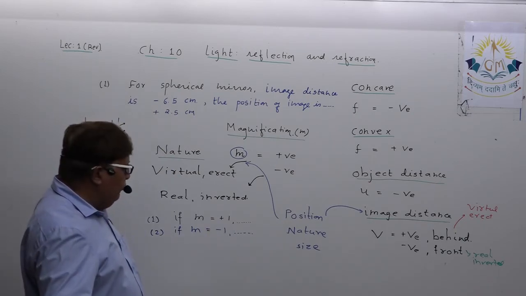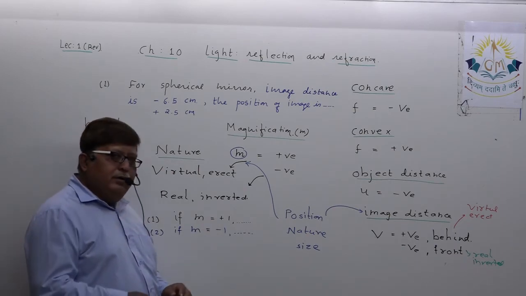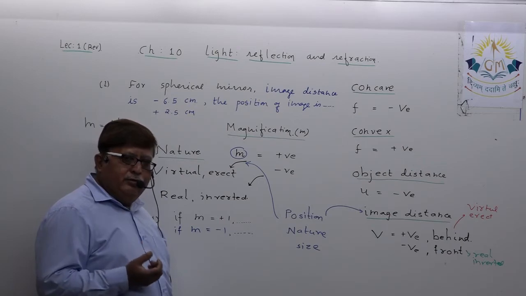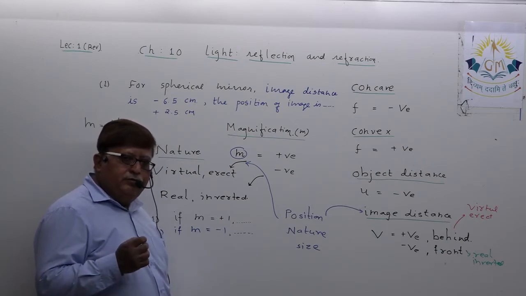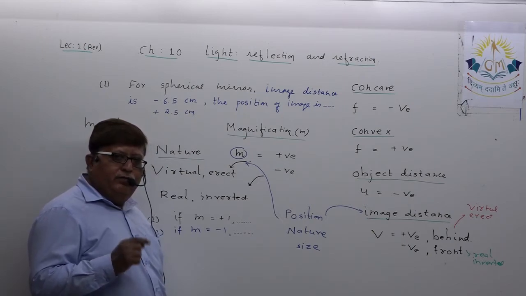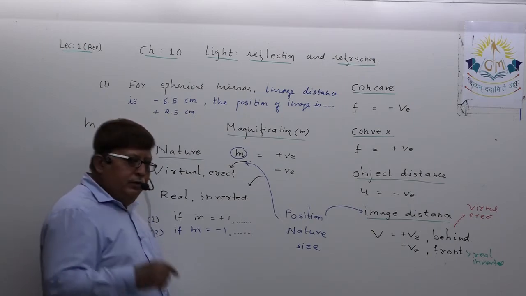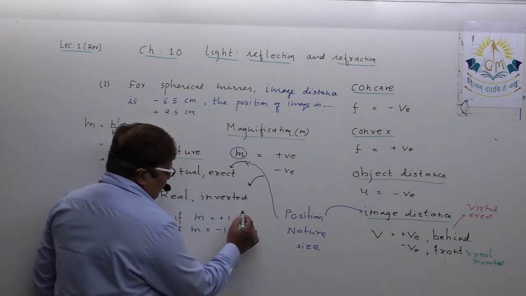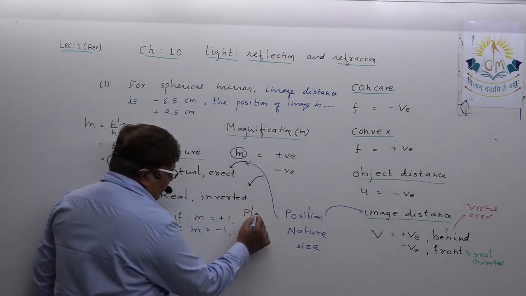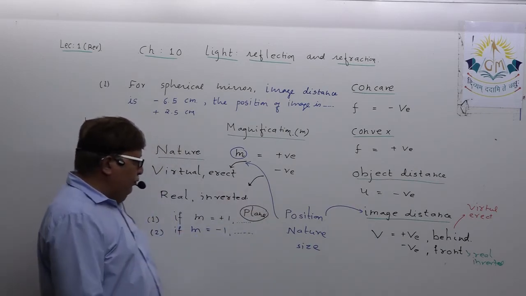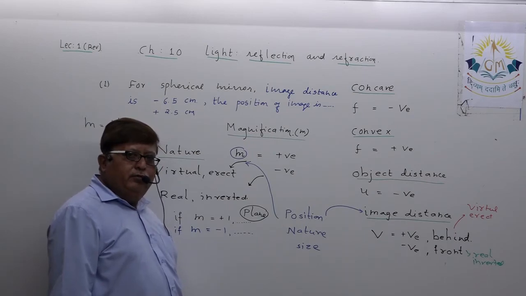One more thing I want to share. Do you know which is the mirror which gives virtual erect image with magnification plus 1? If you can remember, only one mirror, that is plane mirror. I can ask in MCQ this way also: from which mirror is the value of m always plus 1?